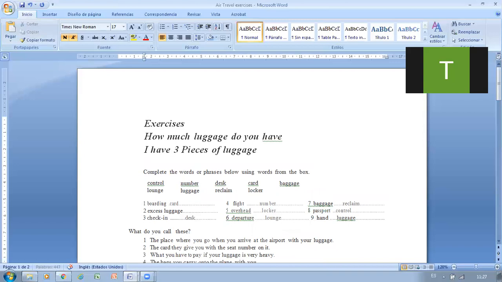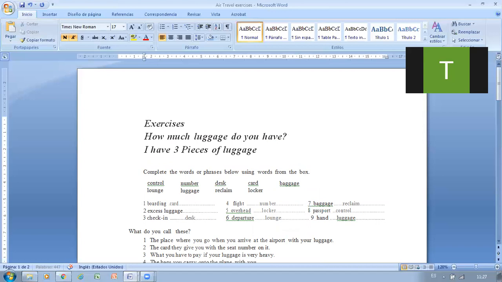See? So the word luggage is very picky in English. It would be like in Spanish, suitcases, maletas, luggage, equipaje.